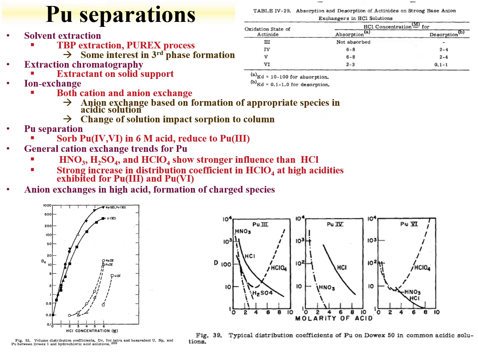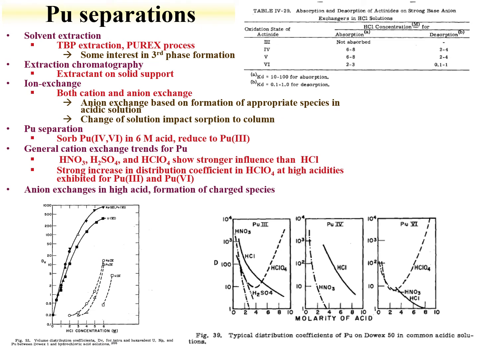Another example is shown here, where we have some of the different plutonium oxidation states. The plutonium 6 sorption has very high properties on this TRUEX resin. So this would be an anion exchange resin, whereas the 4 also has relatively good sorption properties, but less than the 6.